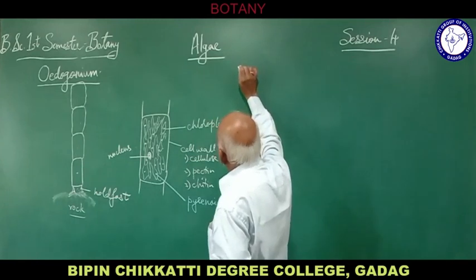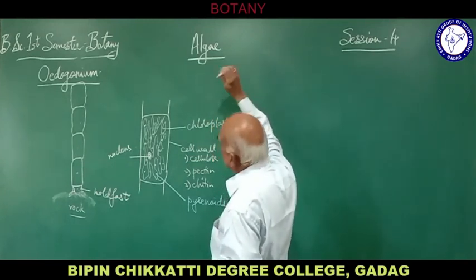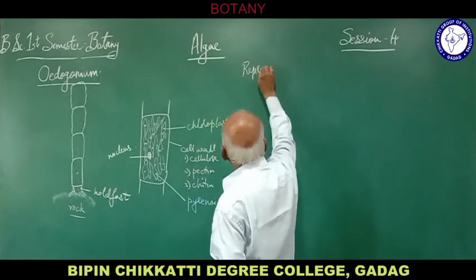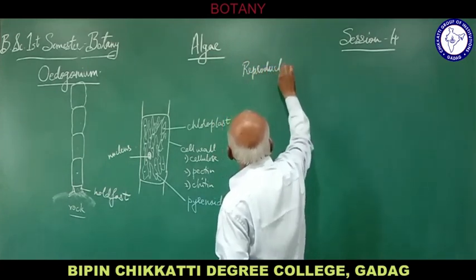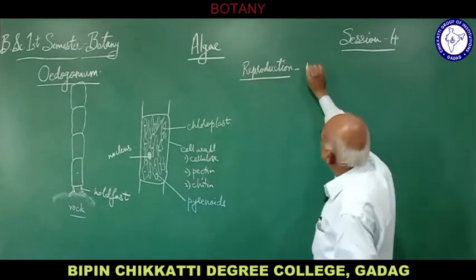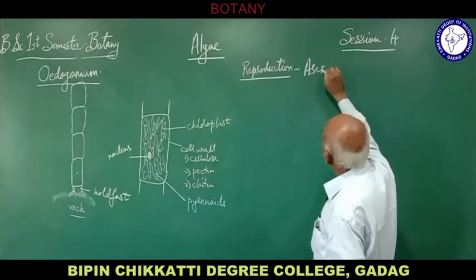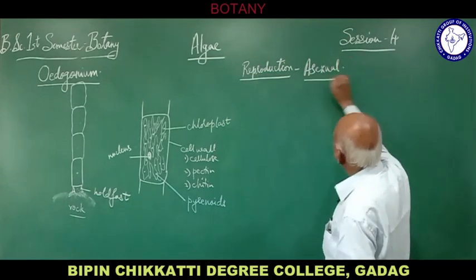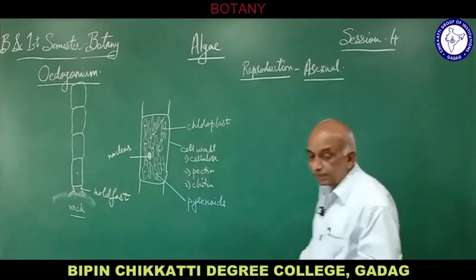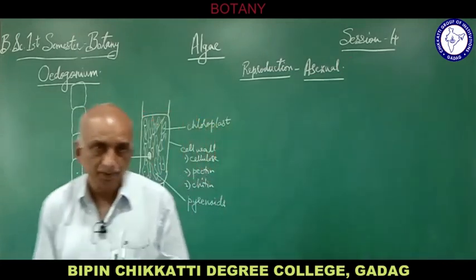Then if you come to the reproduction in Oogonium, the reproduction takes place by asexual and sexual methods. First we shall see the asexual type of reproduction.